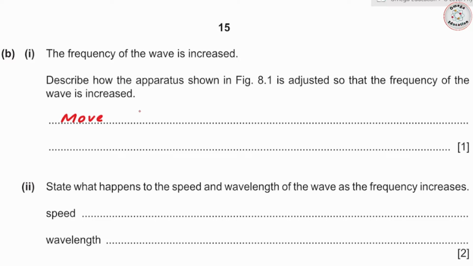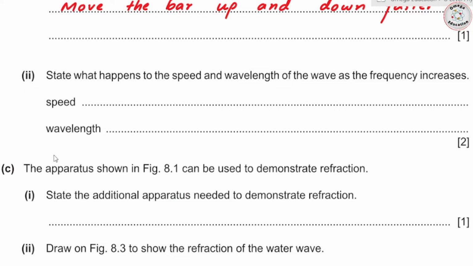So I can write here, move the bar up and down faster. All right, if you do so, there would be more number of waves produced, and the more the number of waves, the more the frequency.